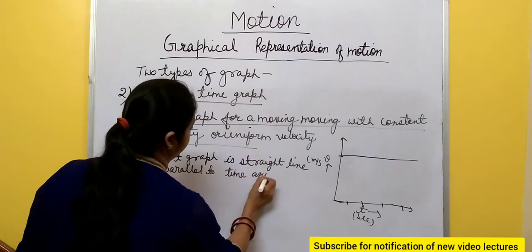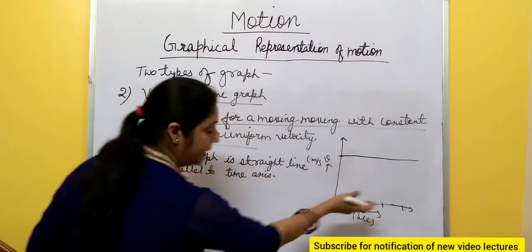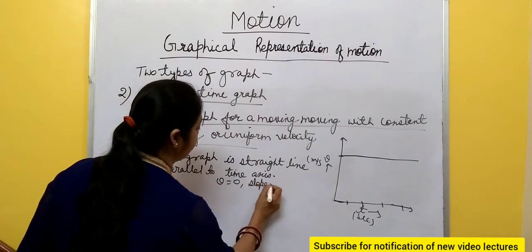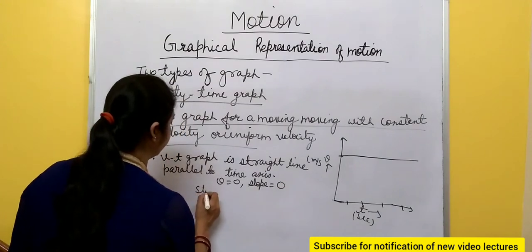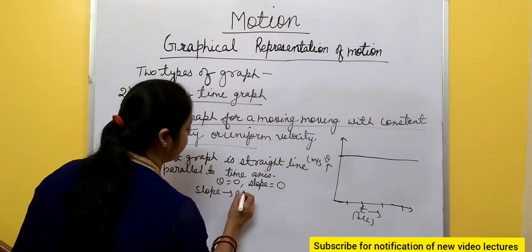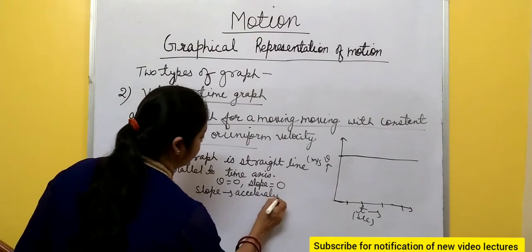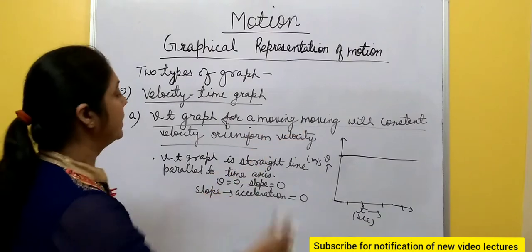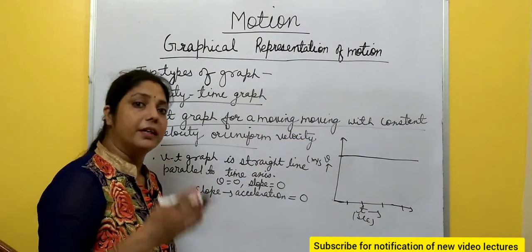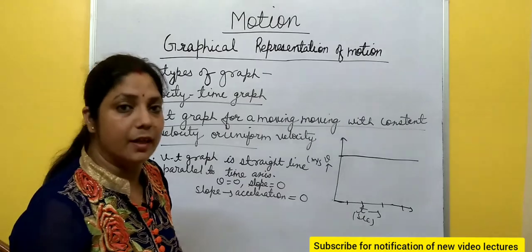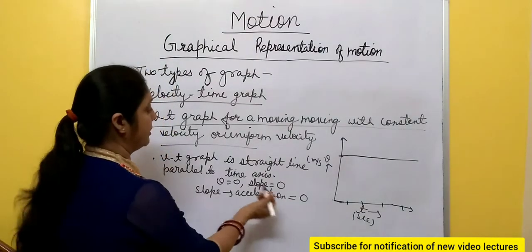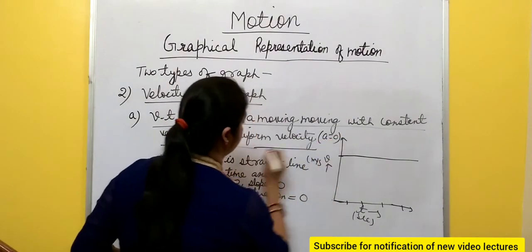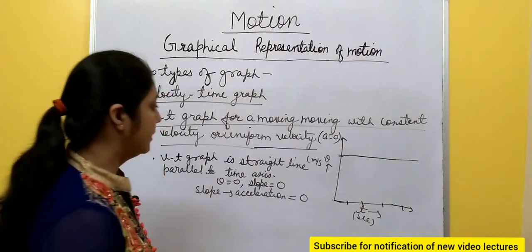And if any line is parallel to the time axis, theta is 0, which means slope is 0. And here slope is acceleration, so acceleration is 0. When a body is moving with constant velocity, if the body does not change its velocity with time, there is no acceleration. You can also write uniform velocity or acceleration is 0. So the graph is like this one.